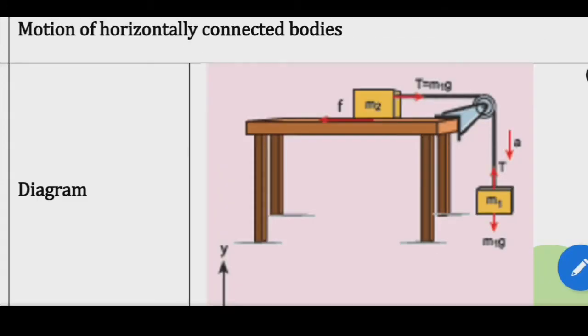Motion of horizontally connected bodies. Let us see the diagram. Mass M2 is kept on a horizontal table and mass M1 is hanging through a small pulley as shown in the figure. Assume that there is no friction on the surface.